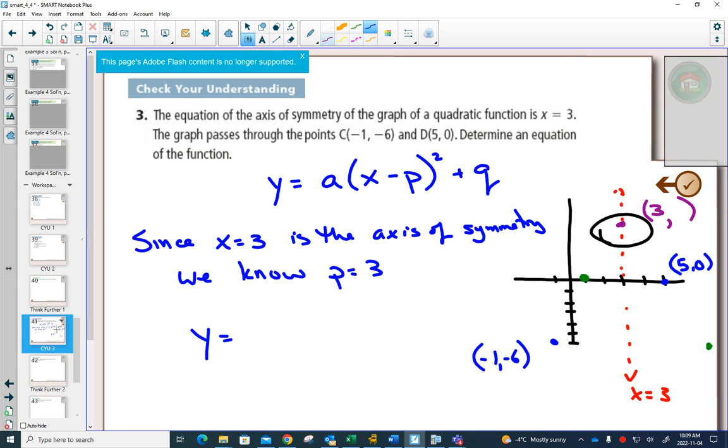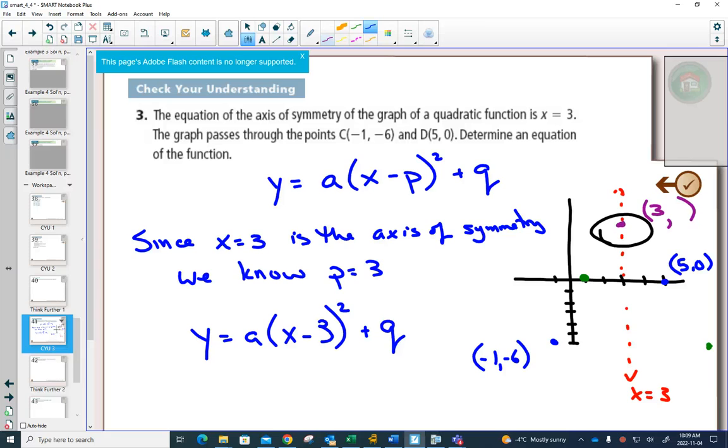And now we have this as the equation. So we've now got it down to 2 things we don't know. We don't know a, and we don't know q.